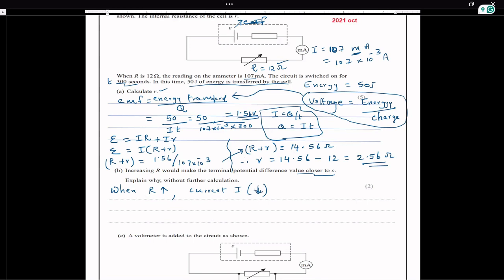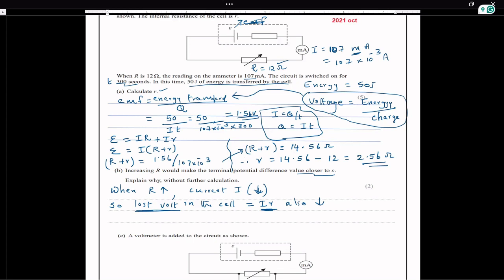So when current I decreases, the lost volt in the cell, which is equal to I times R, also decreases, because I decreases means the lost volt, the term IR, decreases.